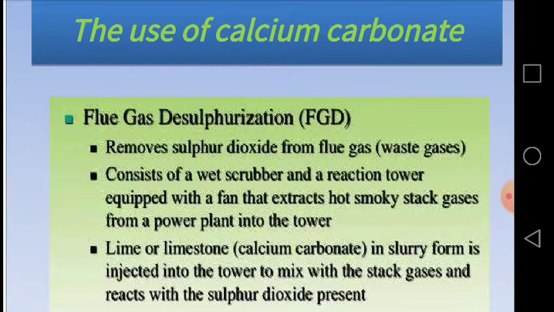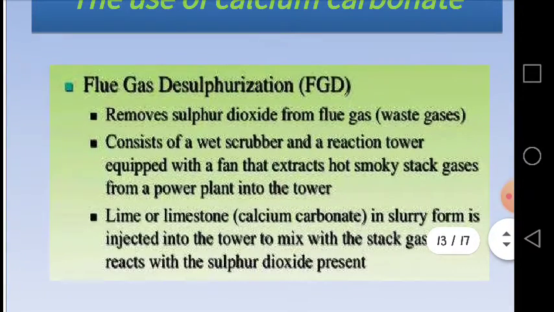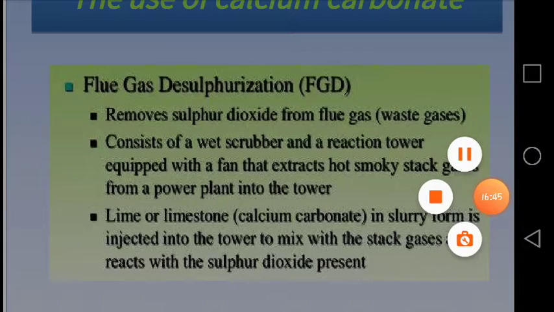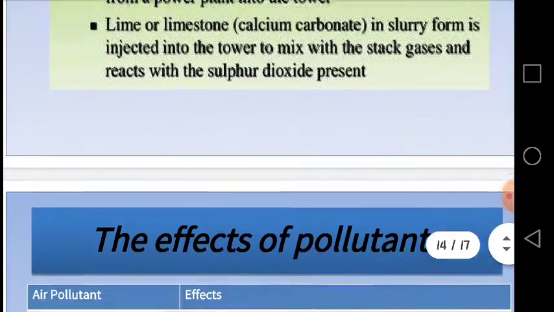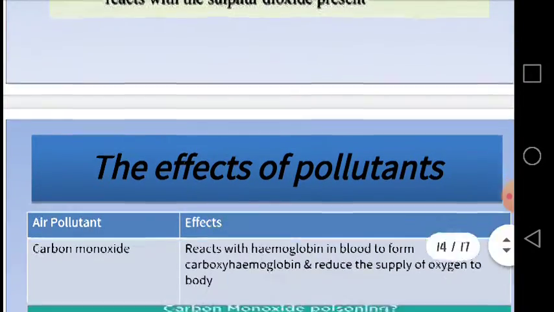It consists of a wet scrubber and a reaction tower equipped with a fan that extracts hot smoky stack gases from a power plant into the tower. Lime or limestone, meaning calcium carbonate in slurry form, is injected into the tower to mix with the stack gases and react with the sulfur dioxide present in it, removing these harmful gases from the atmosphere.